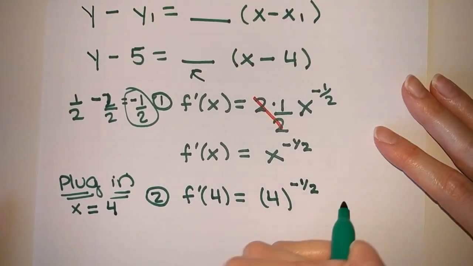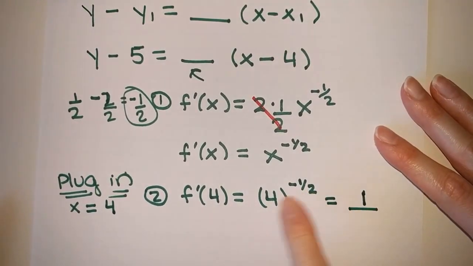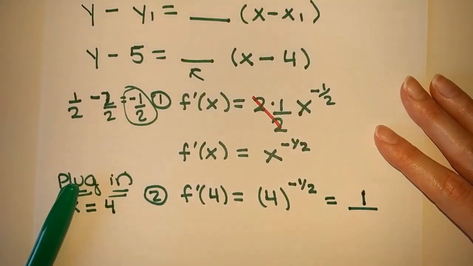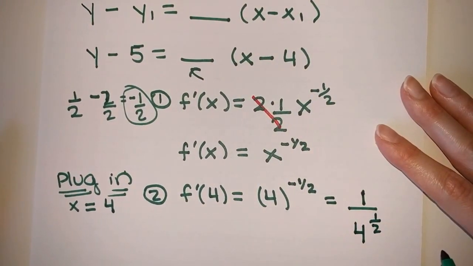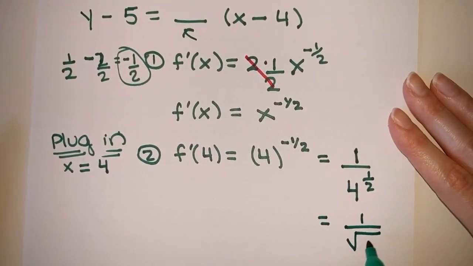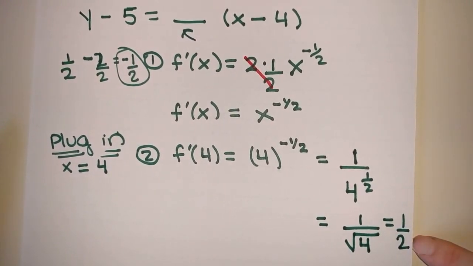And the way you can easily do that, your negative exponent comes down. When the negative exponent comes down, the base, which is 4, and the exponent all come down. So this will be 1 over 4 to the 1/2 power. And then you can say to yourself, okay, this 1/2 power is the same thing as the square root of 4. So that gives us 1/2 for the slope of our tangent line.